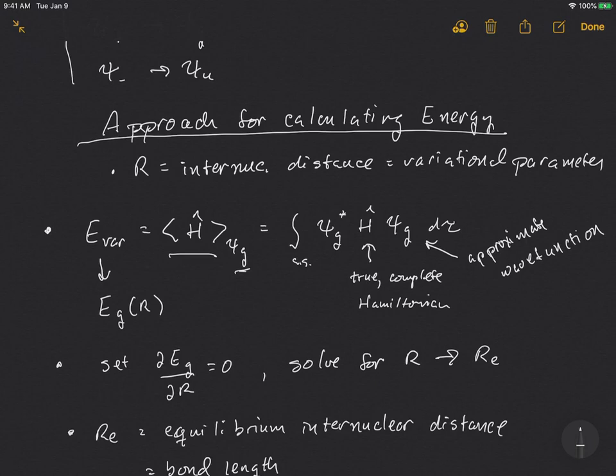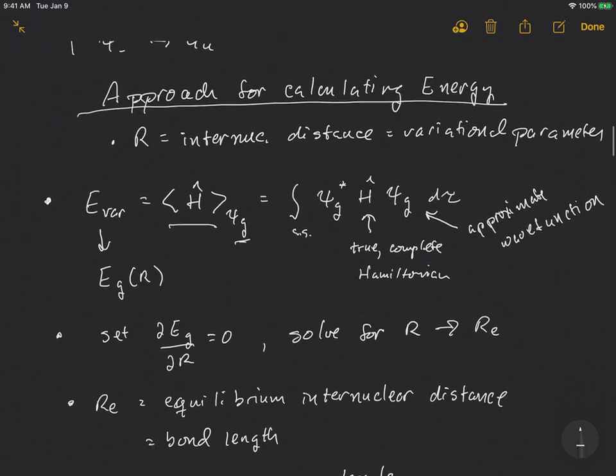And it's worth noting here, just because there's a lot of things going on, it's good to pause and consider what's going on. Here we're calculating the expectation value for a Hamiltonian. It's the true complete Hamiltonian. It's not an approximate Hamiltonian. However, our wave function is approximate, and therefore it's not going to be a true eigenfunction of this Hamiltonian, and therefore we're calculating this expectation value of the Hamiltonian, and that gives us our variational energy.